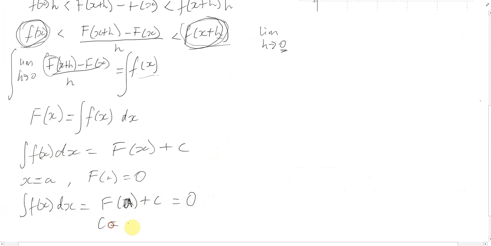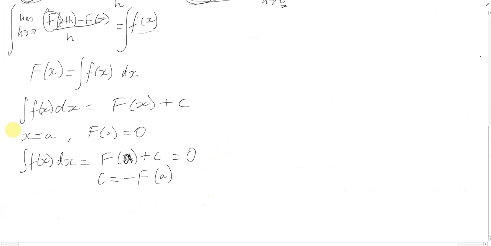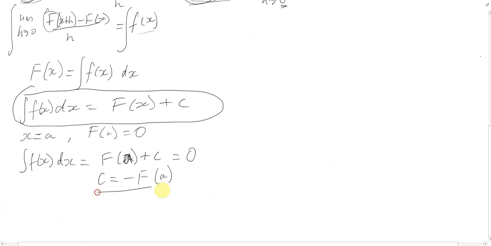So from this we can say that c is equal to negative F of a. So let's write that back into our general form with our value of c. We can now say that our integral of f of x dx is equal to F of x minus F of a.